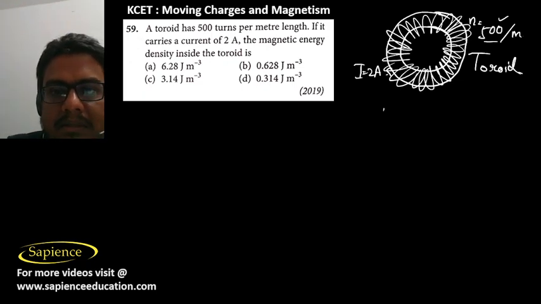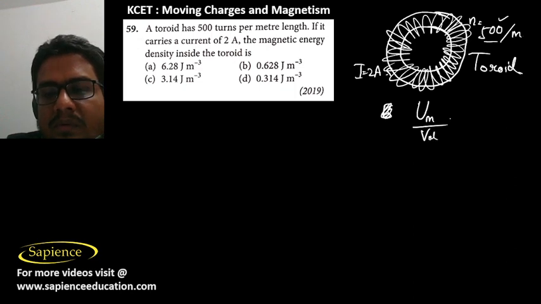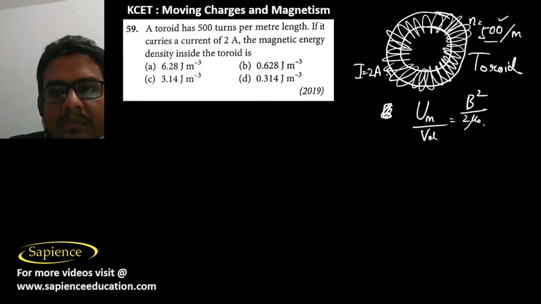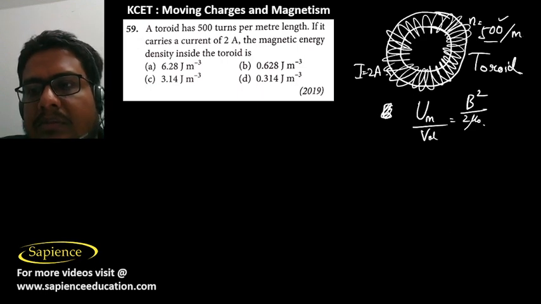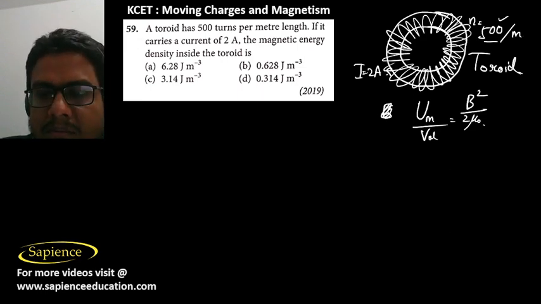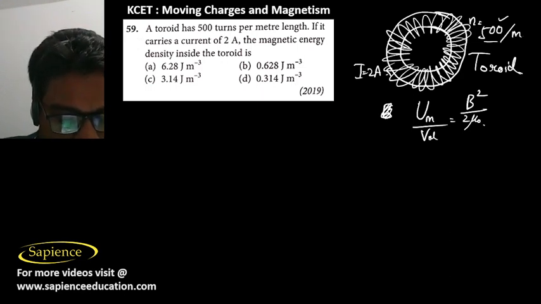The magnetic energy density, which is the magnetic energy per unit volume, is equal to B square by 2 mu naught.